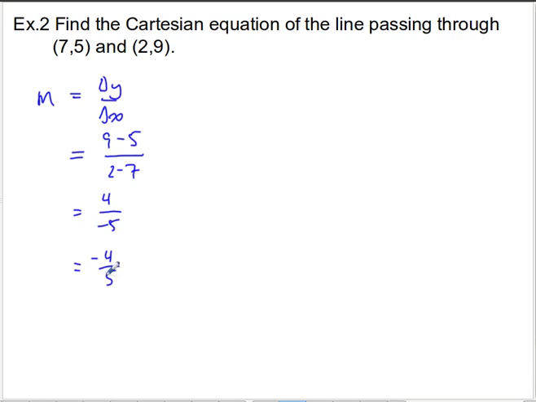Now from here, you could go directly to the rest of the slope-intercept equation, but I'm actually not going to do that. Instead, I'm going to use the fact that the slope of negative 4 over 5 tells me that I have a direction vector.